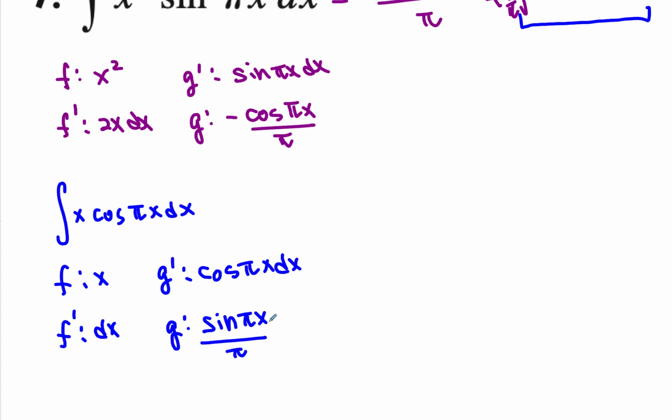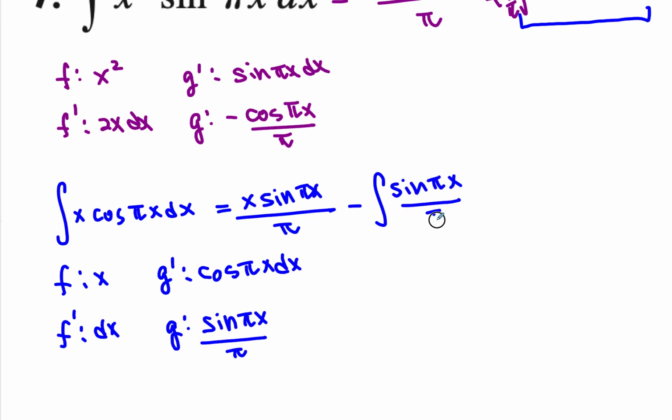So what we get to realize is the integral of this expression now becomes x sine of pi x over pi minus the integral of sine of pi x over pi dx.